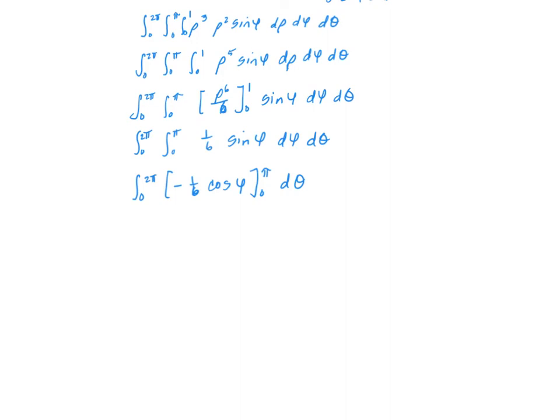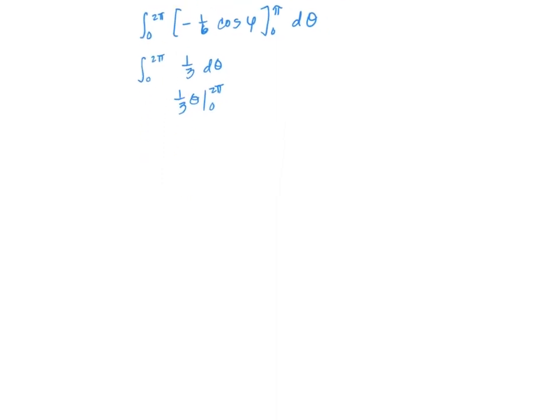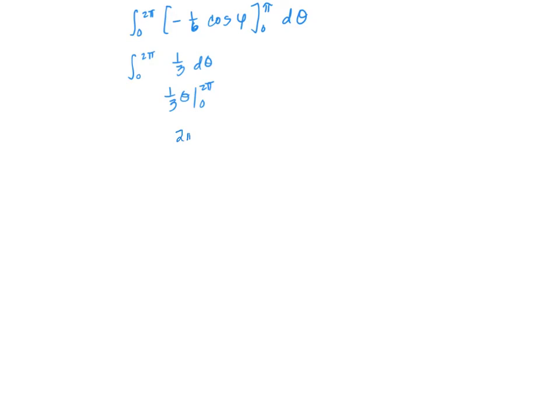So a positive 1/6 minus a negative 1/6 would be a positive 2/6 or 1/3. So this is the integral from 0 to 2 pi of 1/3 d theta, which is 1/3 theta, and that becomes 2 pi over 3.